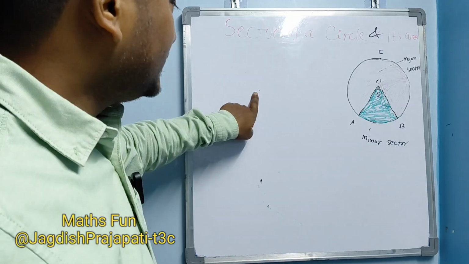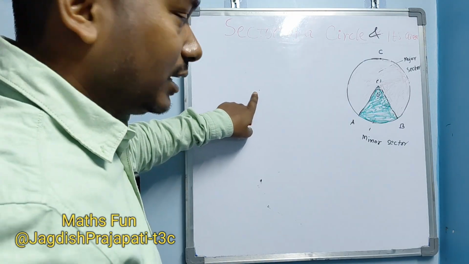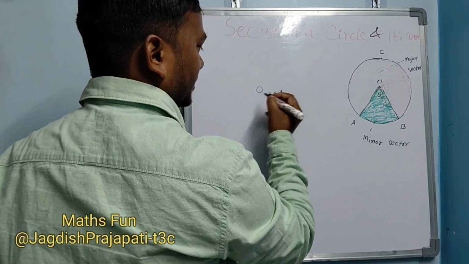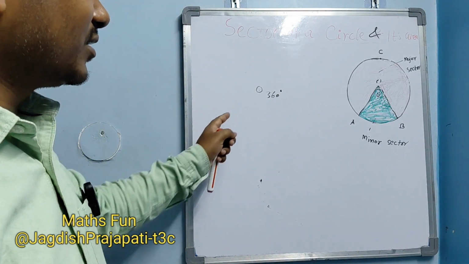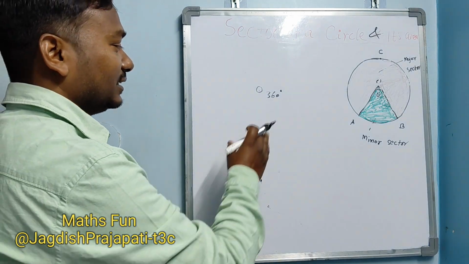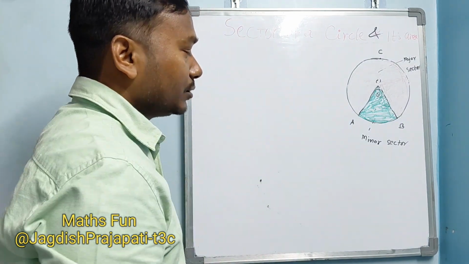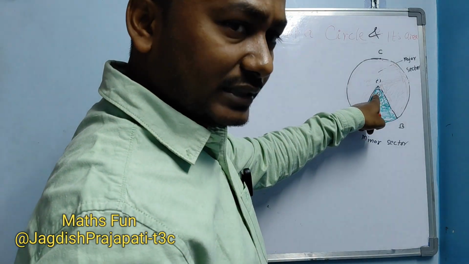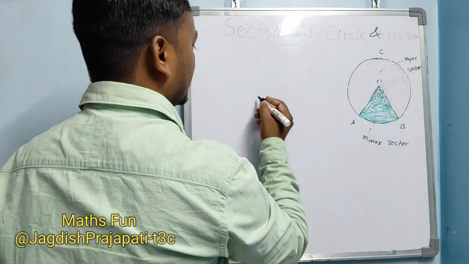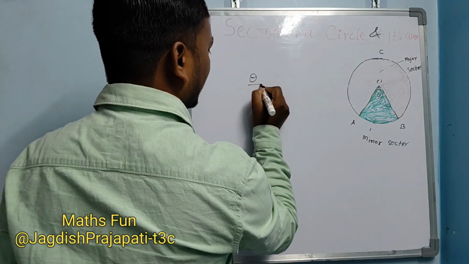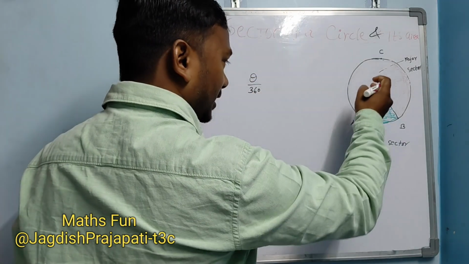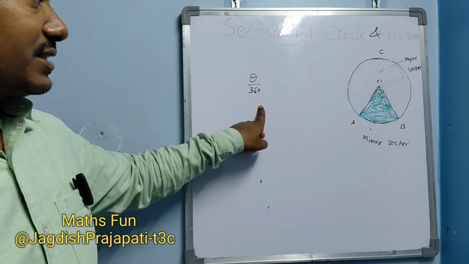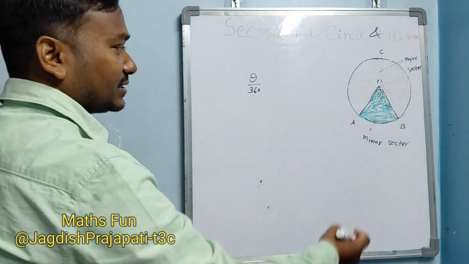If this is a point, then there will be an angle of maximum 360 degrees, not more than that. I think you have already read this. So now see, out of 360, this is theta. So for this fraction, we can write 360 for this sector. So this will be theta by 360, because of this part only.